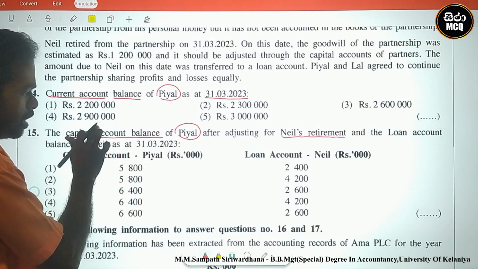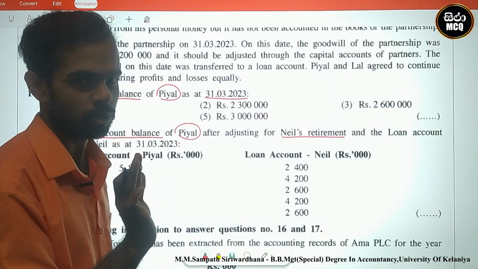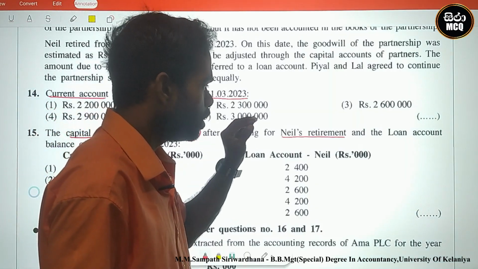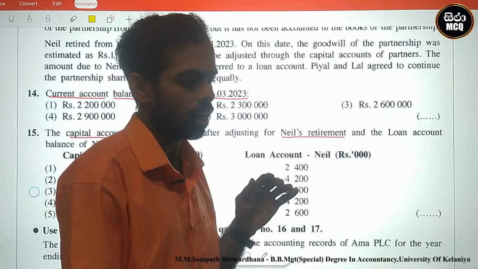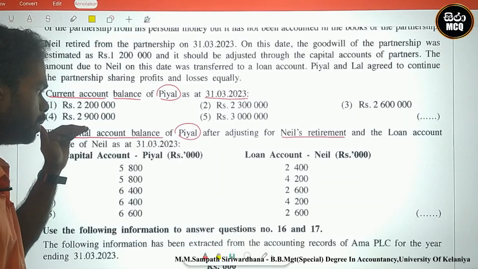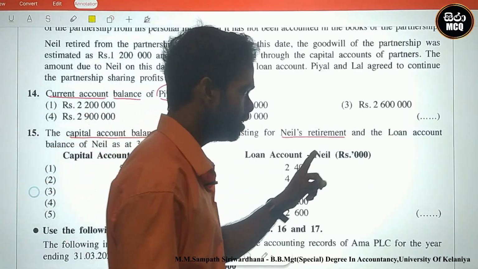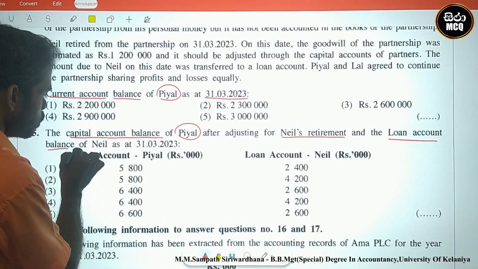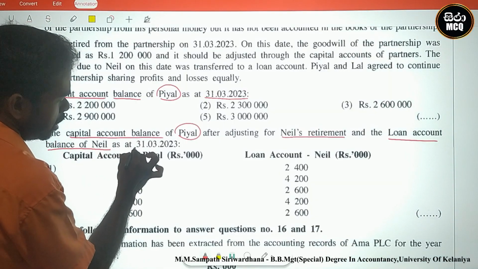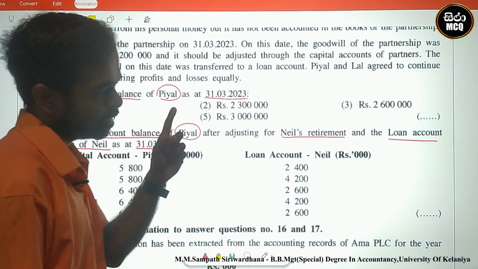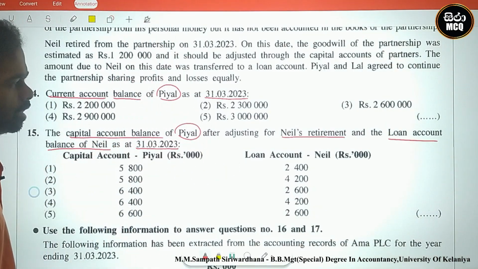After Neil's retirement, we must identify the capital account balance of PL and the loan account balance of Neil as at 31st March 2023, the closing date.